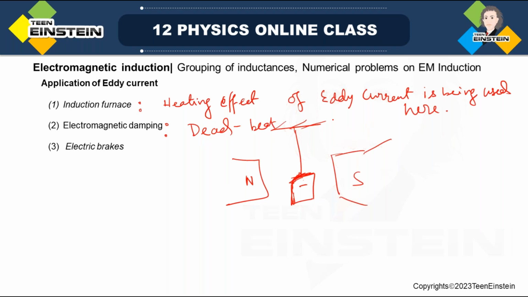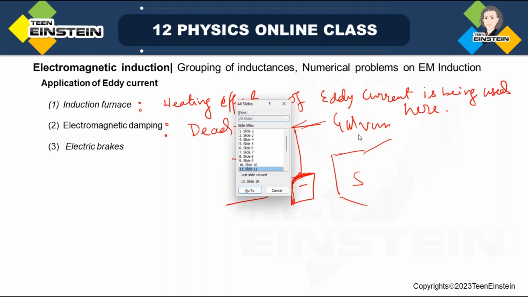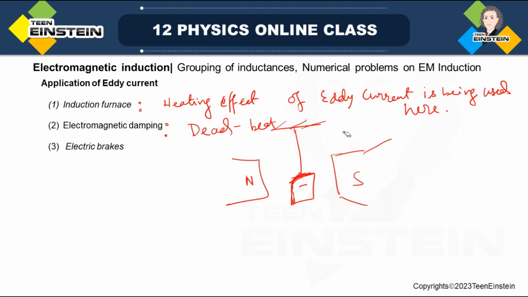Dead beat, not moving coil. You should not forget this. So this electromagnetic damping is being used in the dead beat galvanometer.